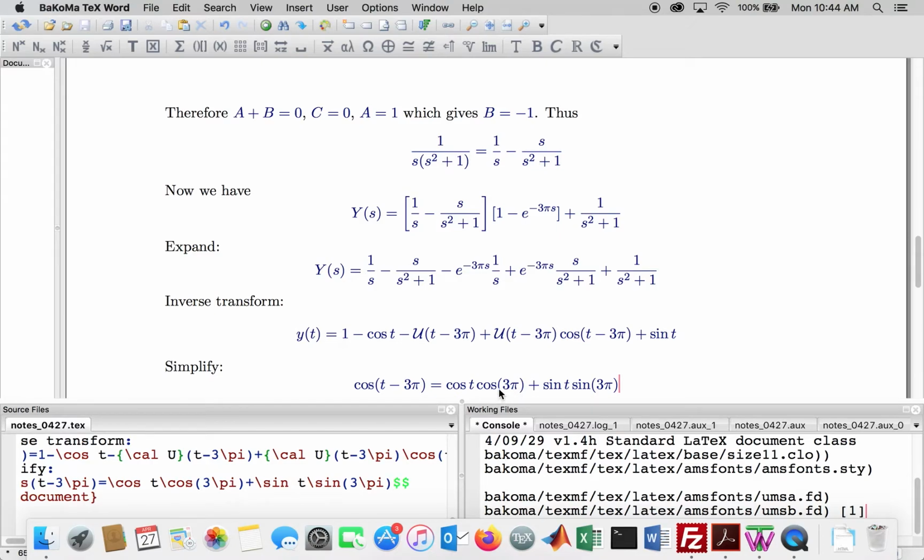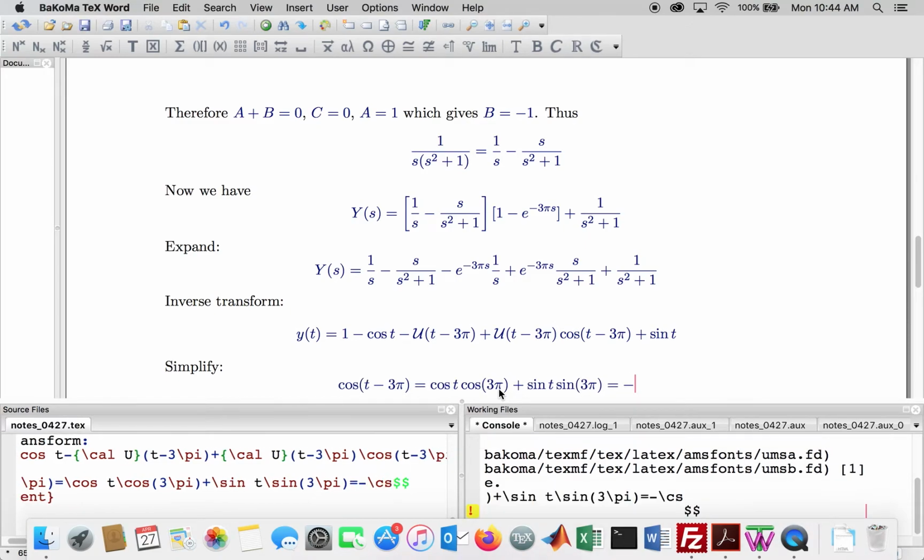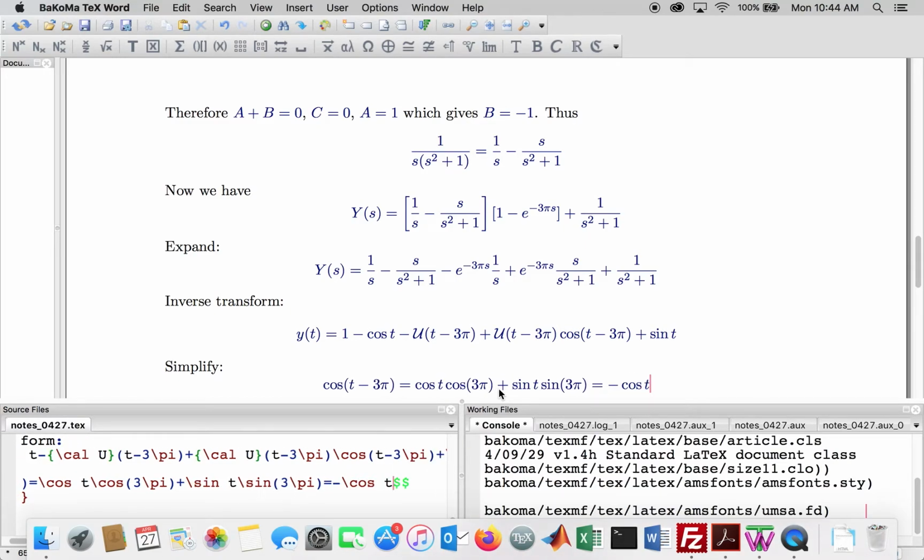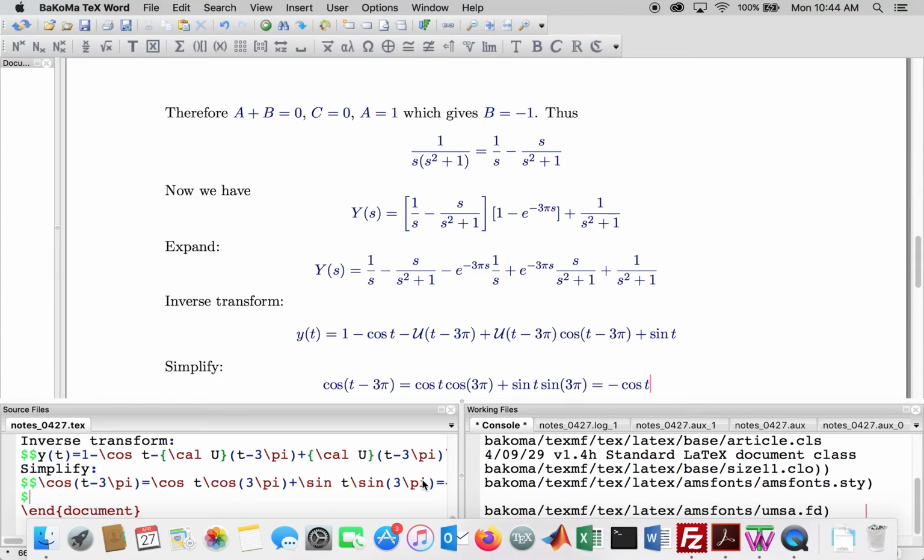That's minus 1. So that's equal to minus cosine of t. So what you could do is replace this cosine with minus cosine t. Again, not really a big deal, but it's one way to get these solutions in a slightly simpler form. And that's it for this example.